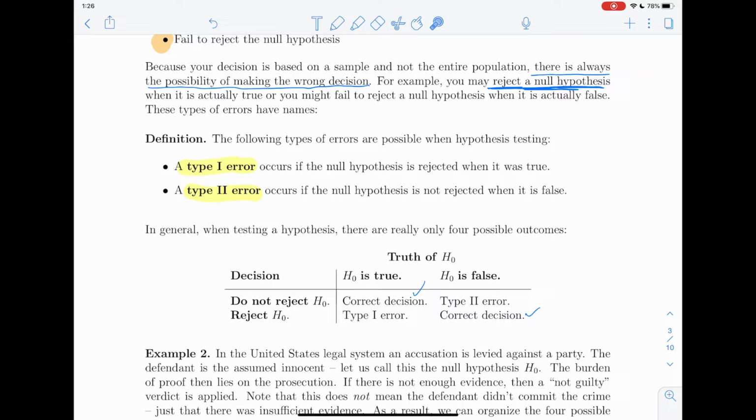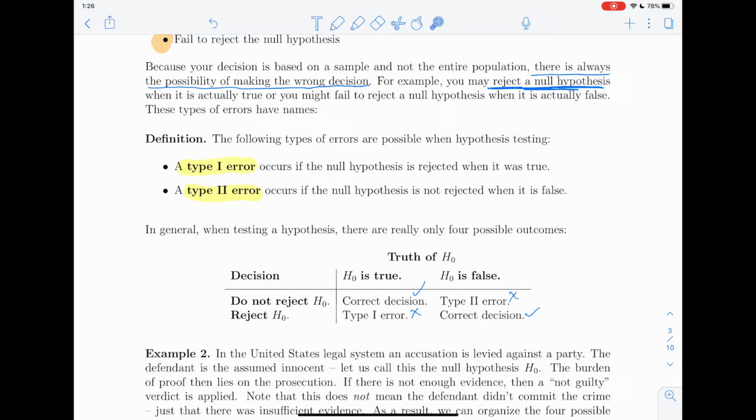However, if the null hypothesis for the population is not true, but you accept it, that will incur a type 2 error. And if the null hypothesis was true, but you actually ended up throwing it out, then that incurs a type 1 error.